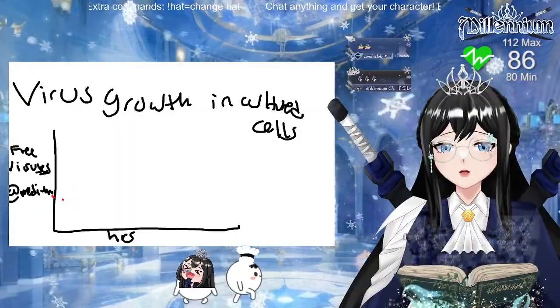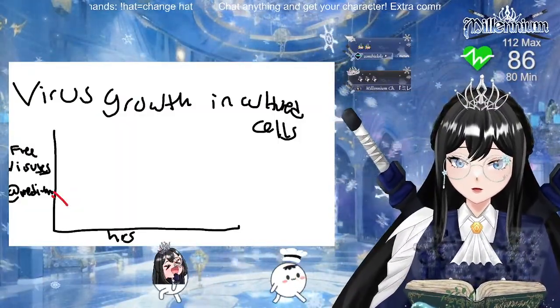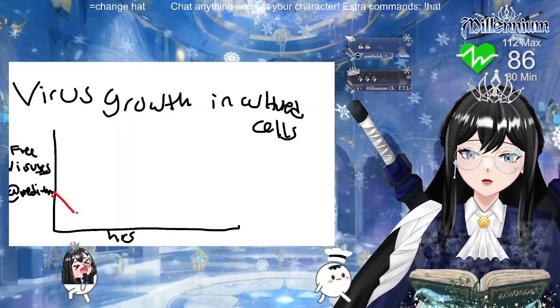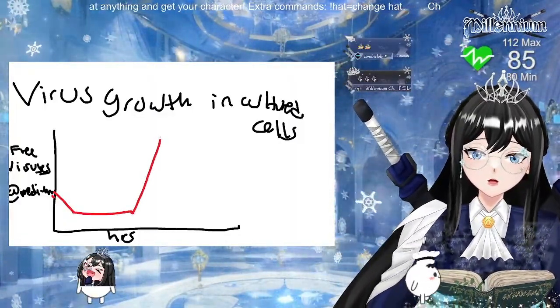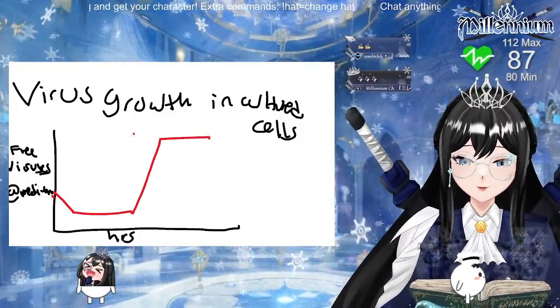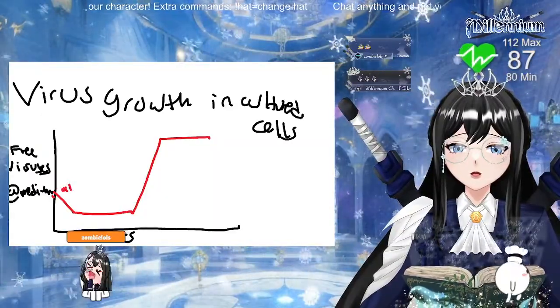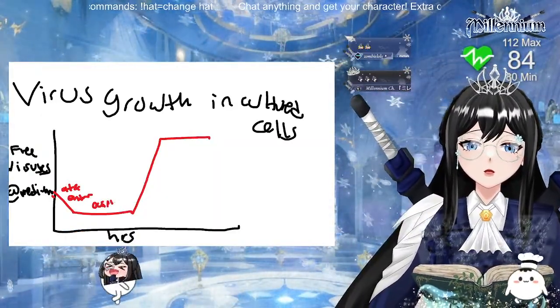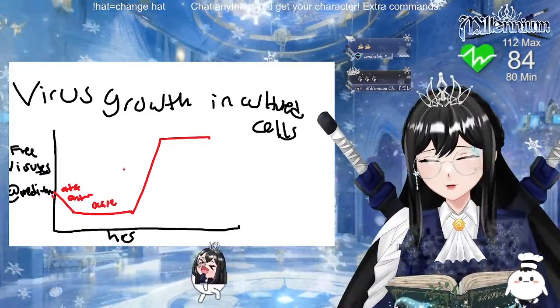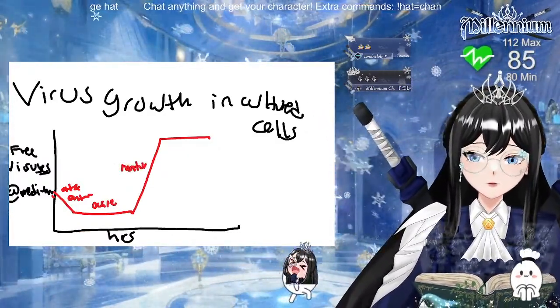So first, attachment and entry. So the amount of viruses in the medium would lessen. Eclipse happens, and then maturation, and then plateau. So again, attachment and entry, eclipse, and then you have the maturation.